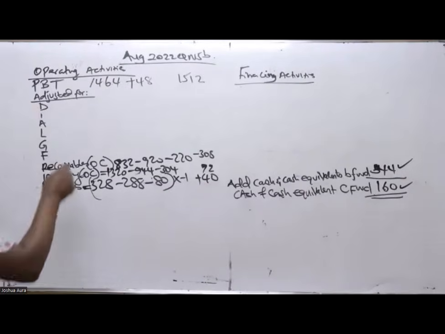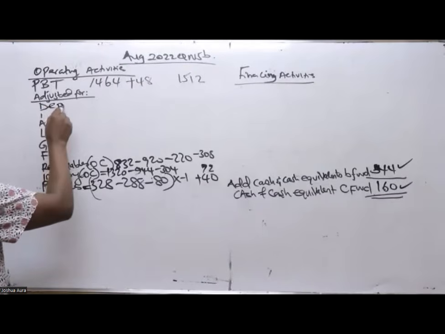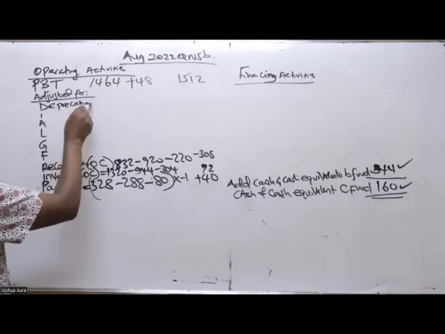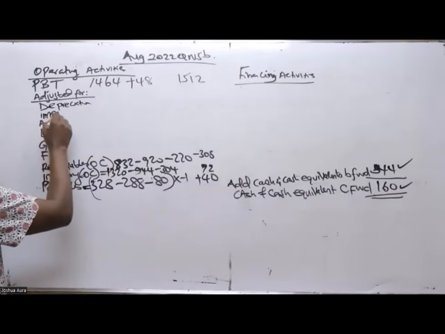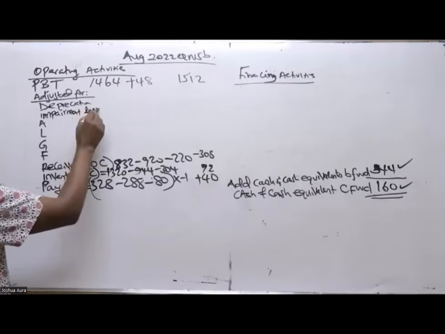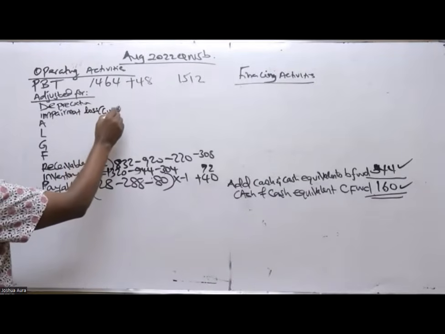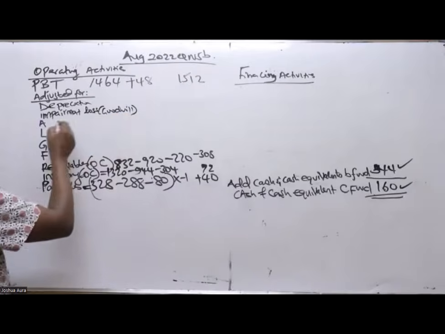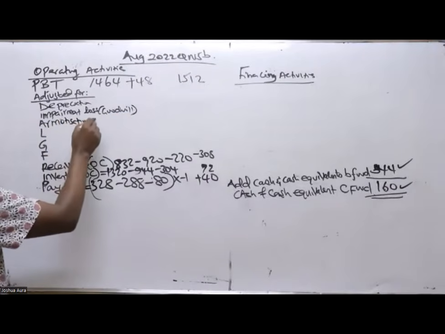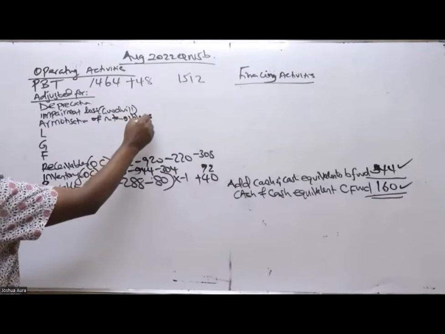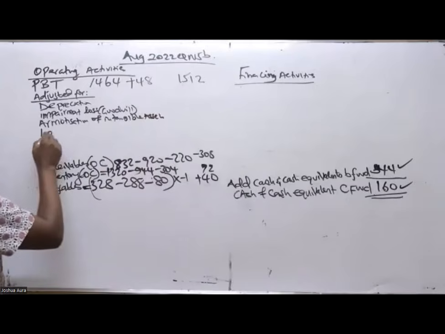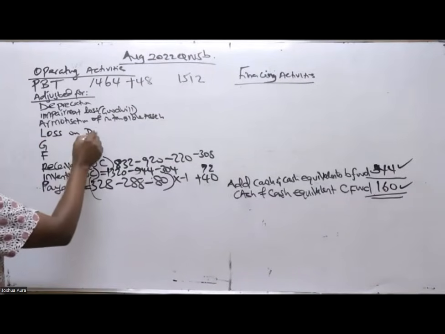And then now here, we have depreciation. We have impairment loss, that's for goodwill. Then we have amortization of intangible assets. Then we have loss on disposal.